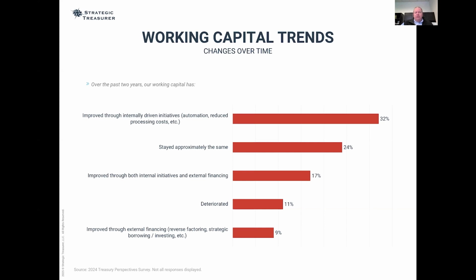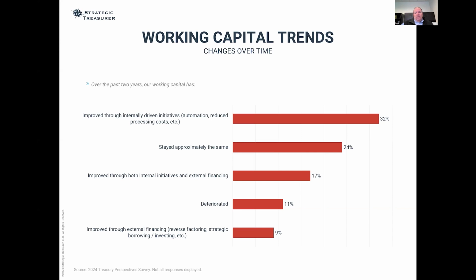This is the time period of rates coming off of zero. 32%, so 1/3, found that their working capital improved through internally driven initiatives, the use of automation. We also saw a significant amount of investment there, reduced processing costs. That was number one by a significant margin. Dropping down to about a quarter, it stayed approximately the same.